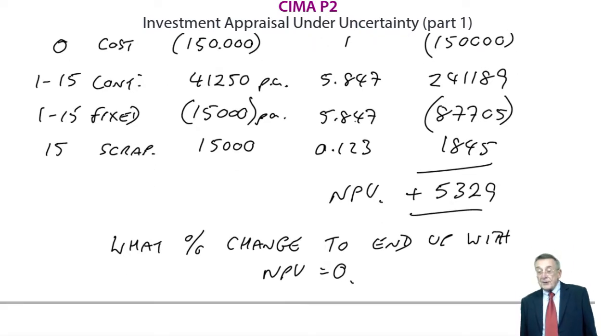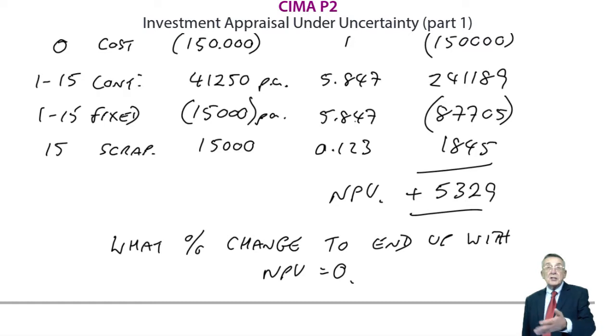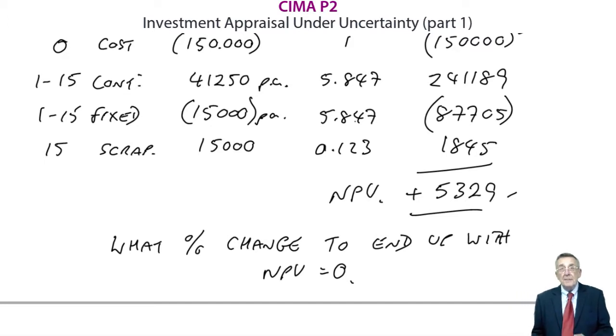And think about that cost. Suppose the cost increased by 1,000. If everything else stayed unchanged, the NPV goes down by 1,000, but it would still be positive. And so we're still okay going ahead. If it went up by 2,000, NPV goes down 2,000.